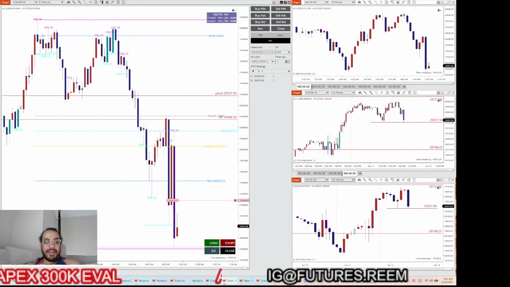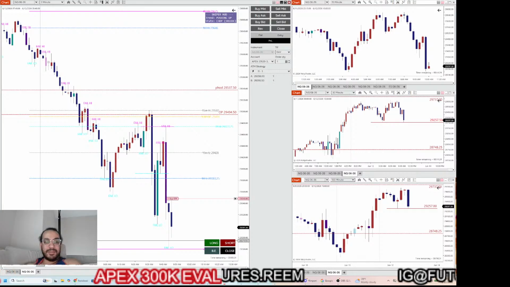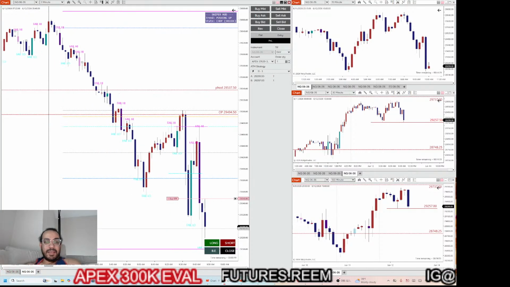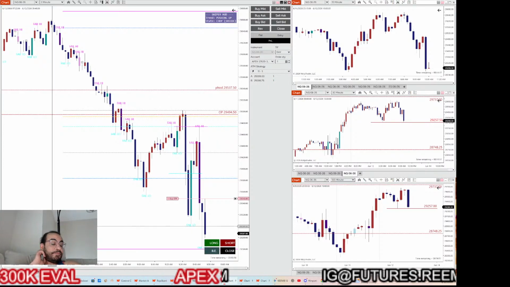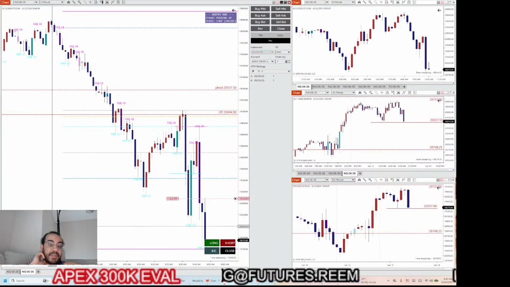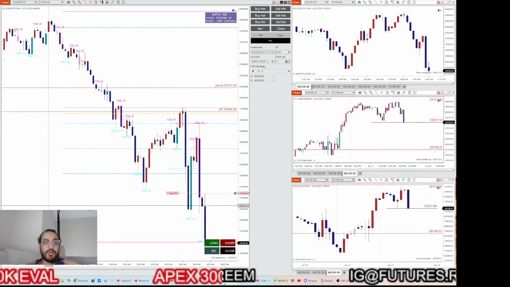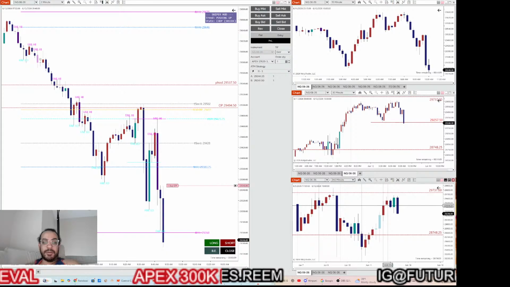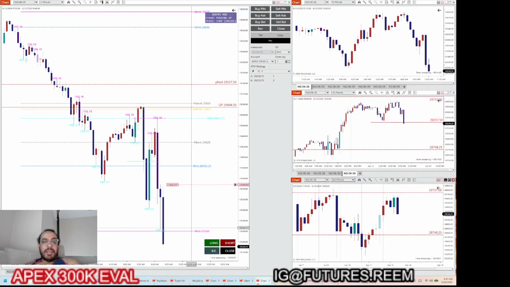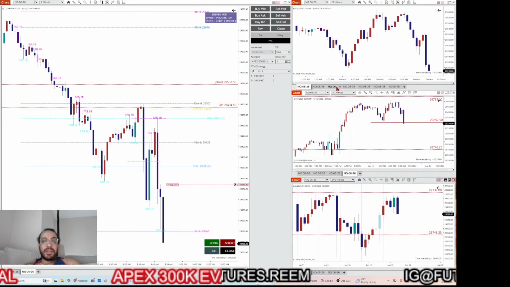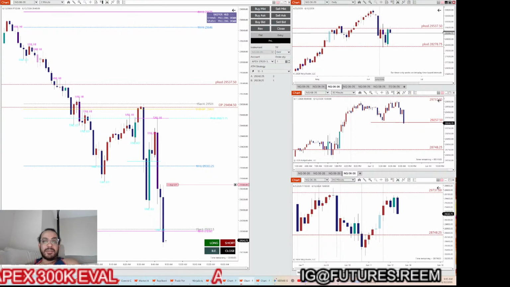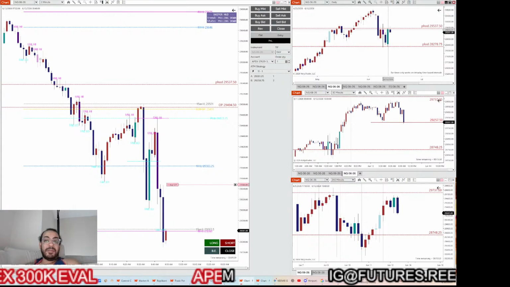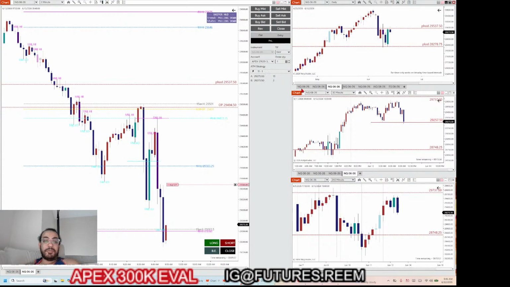I would like a break lower first, but why am I not waiting for confirmation? So my thought process is, like I said, the 4 hour is still an uptrend. In my head, I'm looking at yesterday's outside bar as a bullish sign. But we did break above that high and we failed to continue.